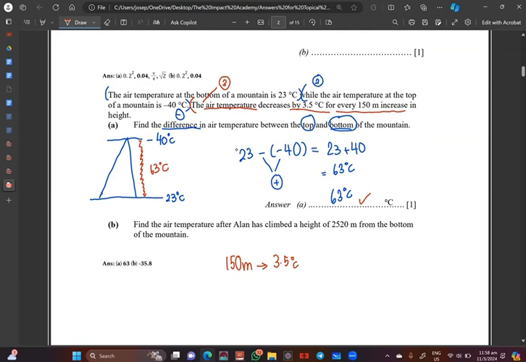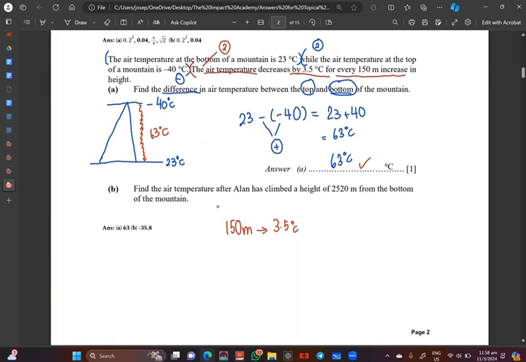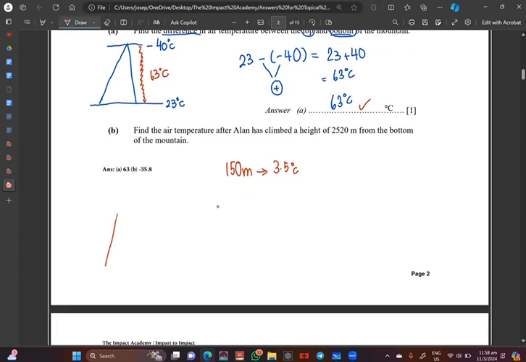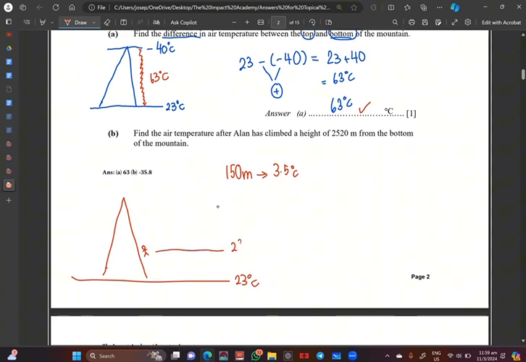What do I mean by that? Same thing, I will draw a mountain for you. This is 23 degrees Celsius. If this person decided to climb all the way to here, his temperature will be 23 degrees minus away 3.5 degrees. It gets colder as he climbs up the mountain. You understand what I'm saying?